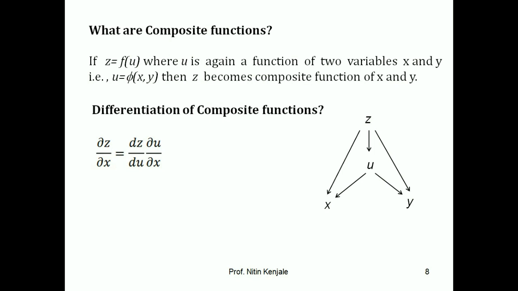If z is not explicitly given in terms of x, then we have to use the chain rule, and therefore ∂z/∂x is given by dz/du into ∂u/∂x. As u is a function of x and y, its differentiation with respect to x is partial, therefore we denote it by ∂u/∂x.